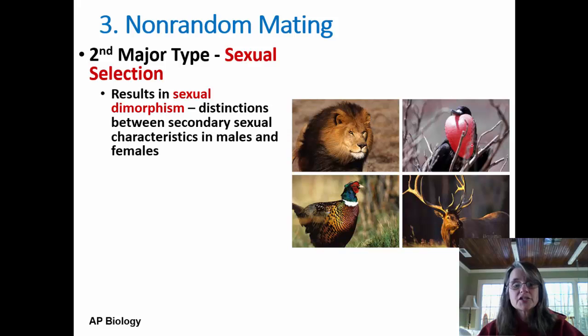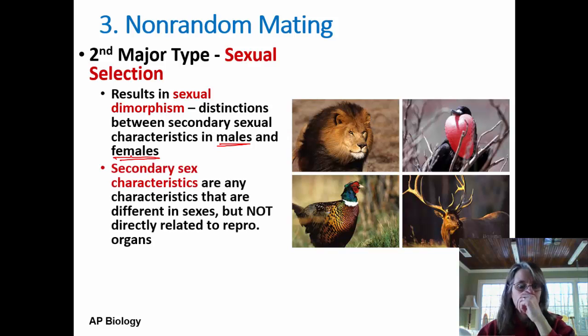So sexual selection results in sexual dimorphism, and what that means is really distinct secondary sexual characteristics between males and females. Males and females are very obvious to tell apart.